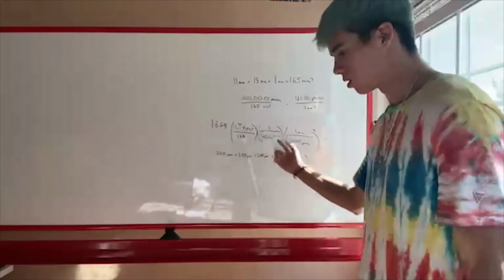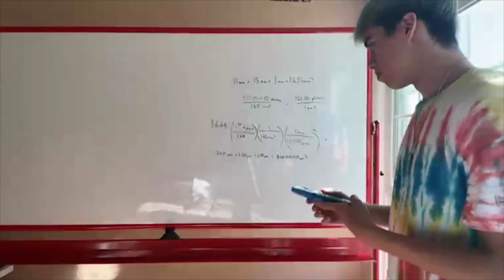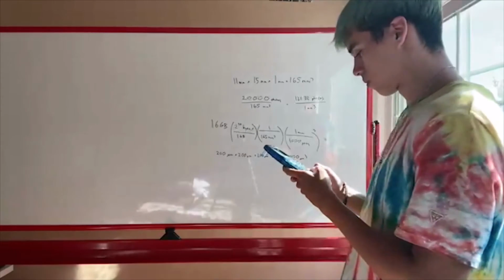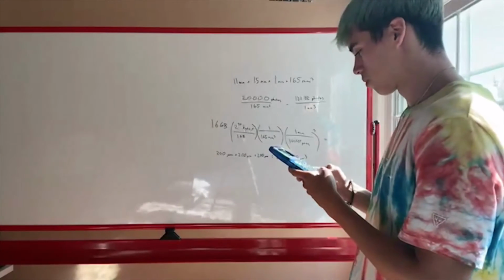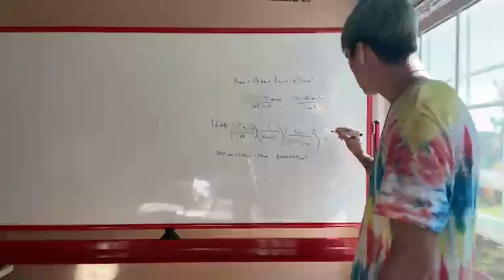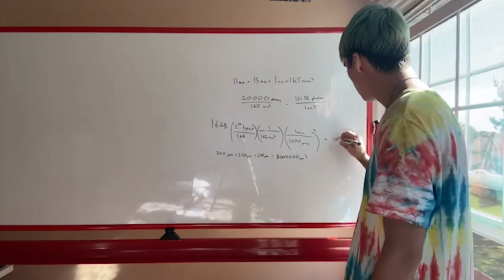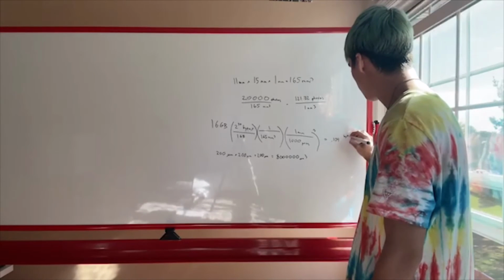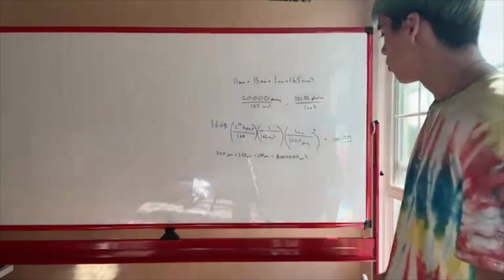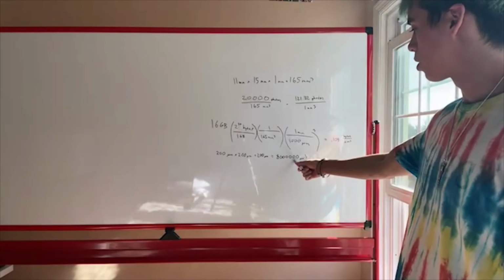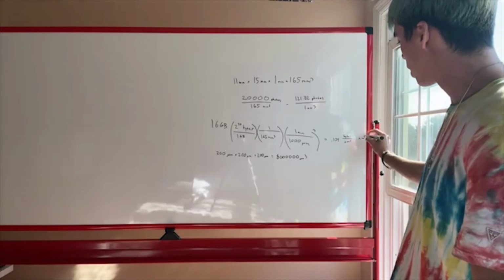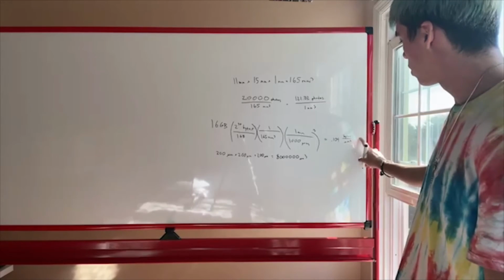Okay, so let's find out this top number. That's 0.104 bytes per micrometer cubed. And we have 8 million micrometers cubed, so we multiply that, and the micrometers cubed cancel, and then you just get bytes, right?